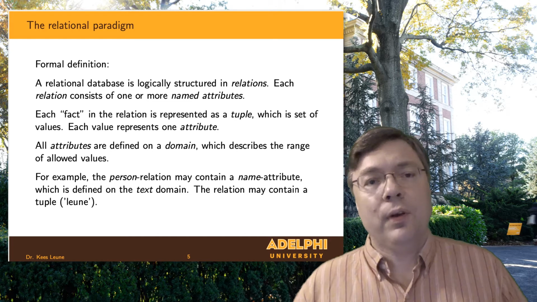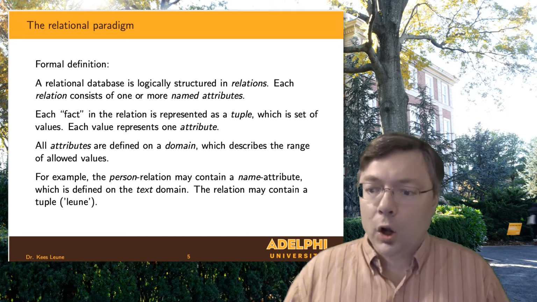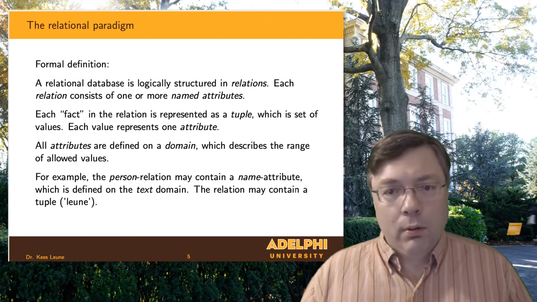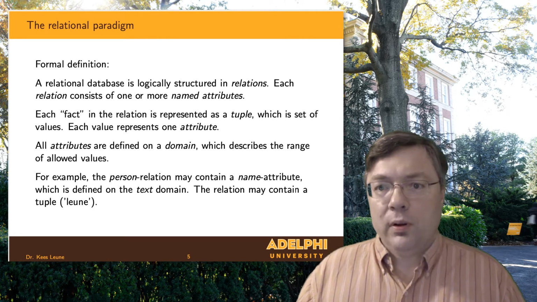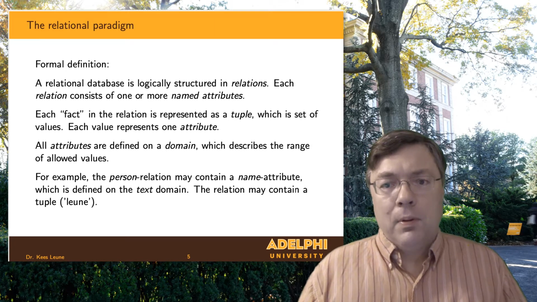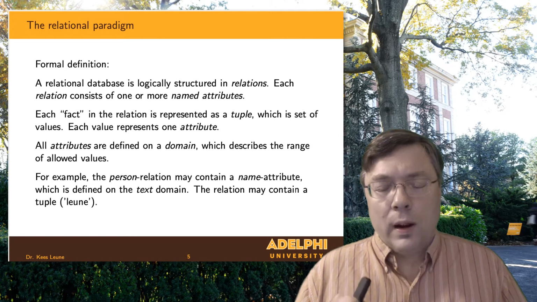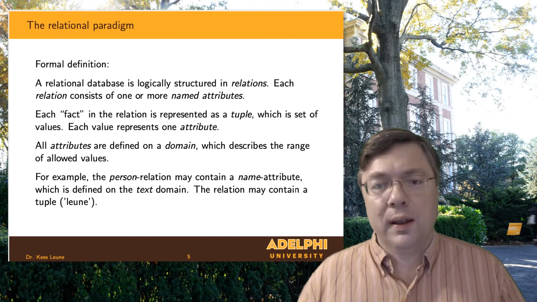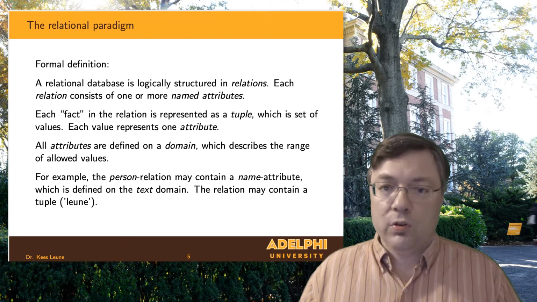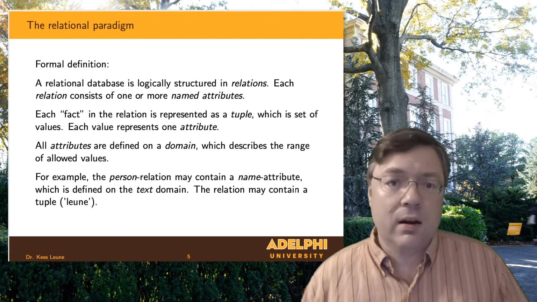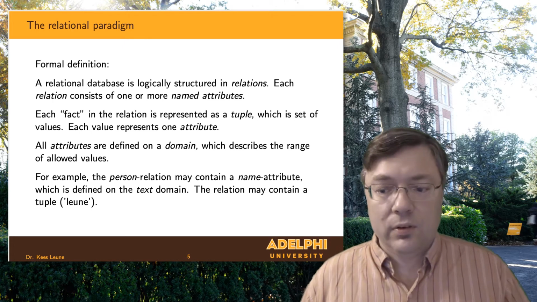So, another example to get all of these terms straight. Let's say that I have a relation called people or persons. I might put a name attribute in there, although later on we'll see why that's probably a bad plan. But that means that we're going to be able to describe a person by their name. We also have to define the domain, so in this case it could be just text, or maybe text up to 60 characters or text up to 80 characters.